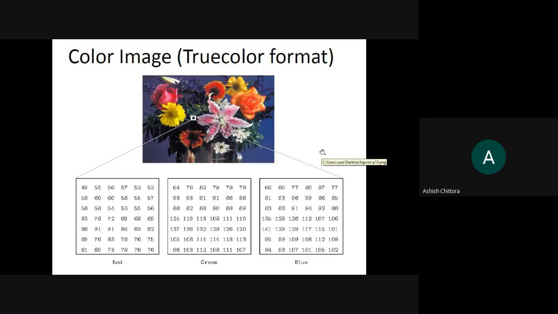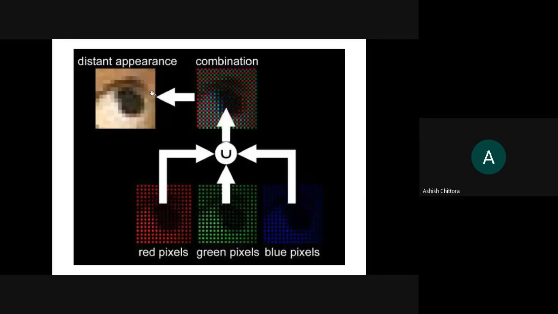Again, here it is represented for monitors. If you closely observe the present displays, any digital display like TFT or LCD displays, you will see red, green, and blue dots.